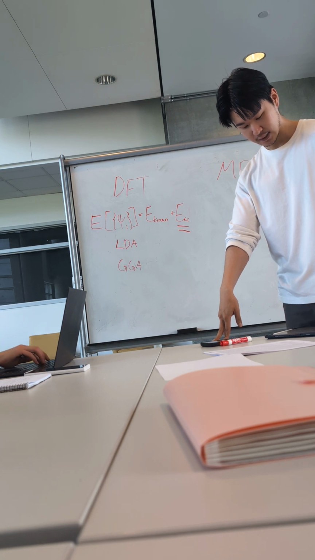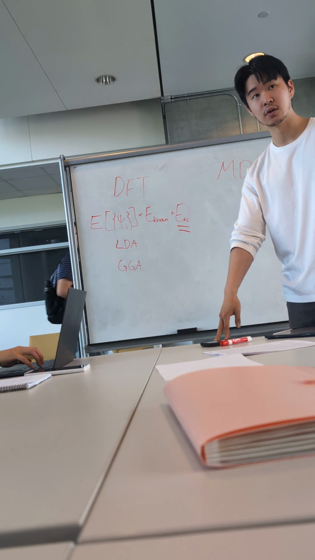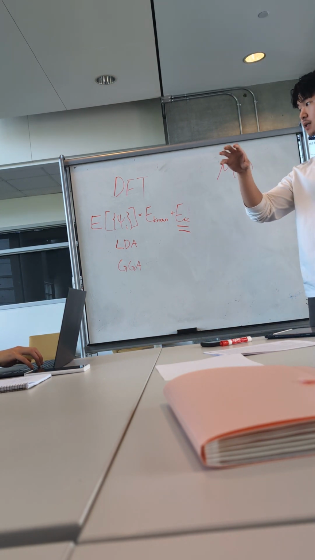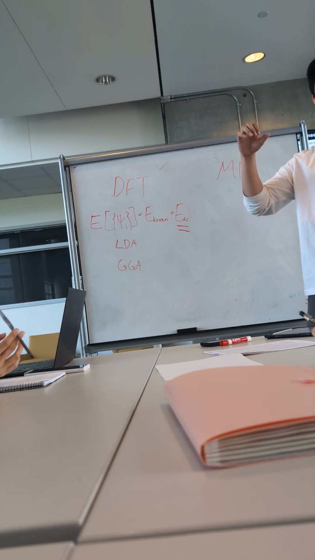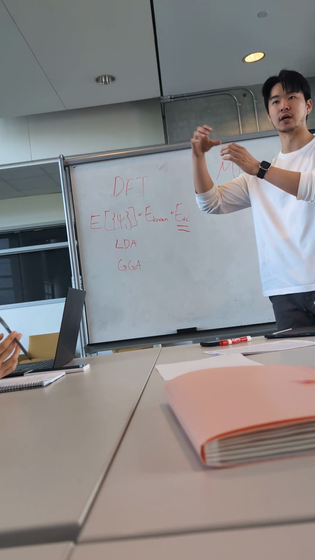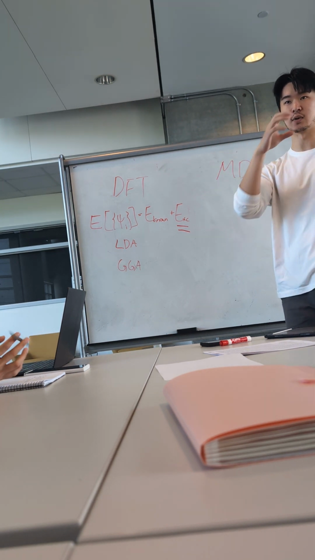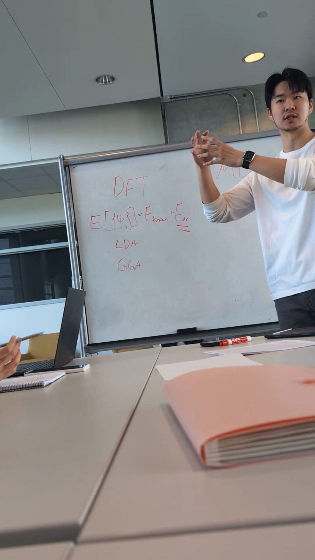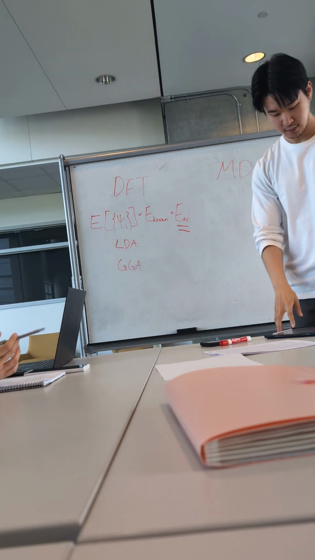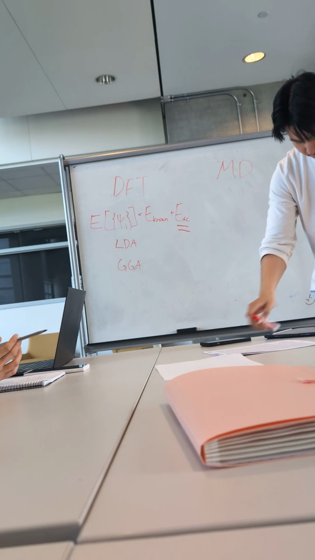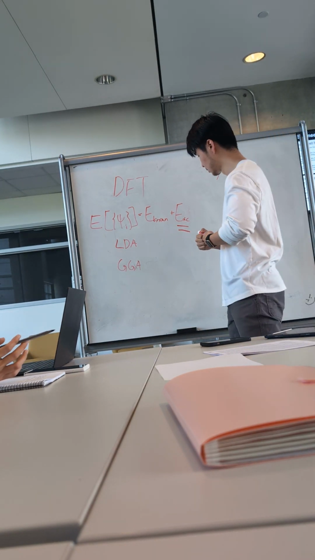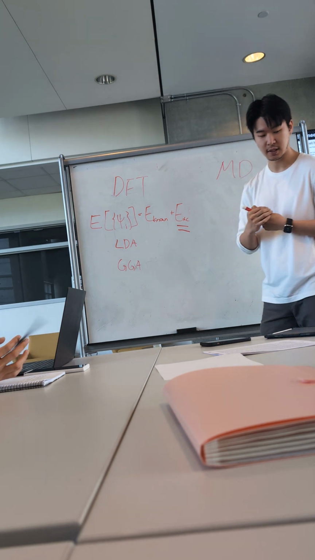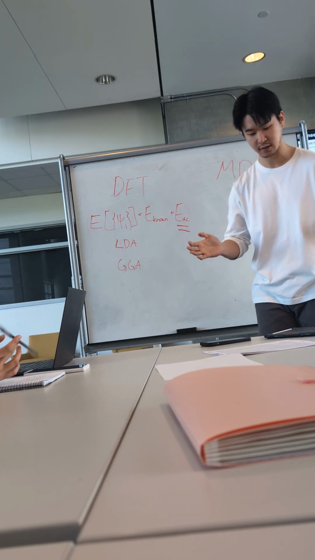K-point sampling is, when you look at the reciprocal space, in the real space, if the molecule is small, in the reciprocal space, it's gonna be big. In the real space, if it's gonna be big, it's gonna be small in the reciprocal space. And the Brillouin zone, called BZ in short, is a conceptual thing.